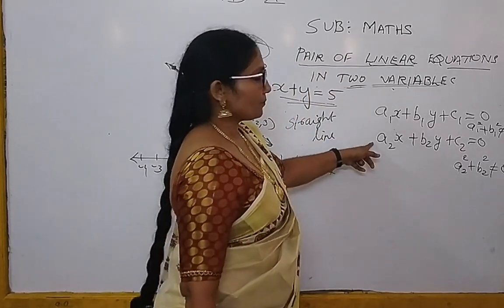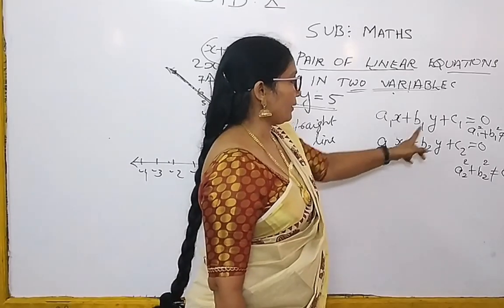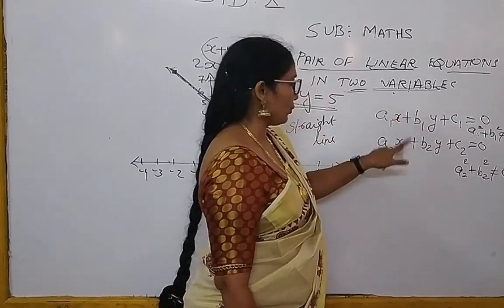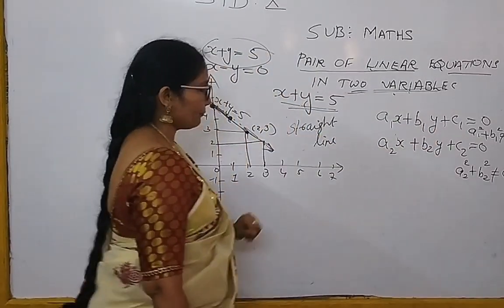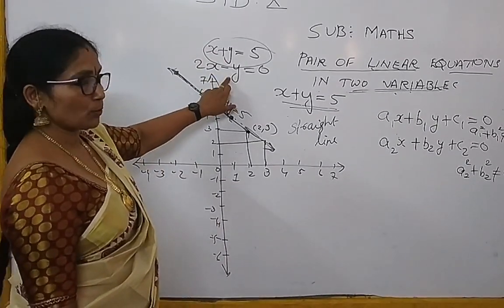These are the 2 equations of a pair. If you are taking one pair of equations, this is the way you write the 2 equations in standard form. Now let us consider 2 equations like this way.